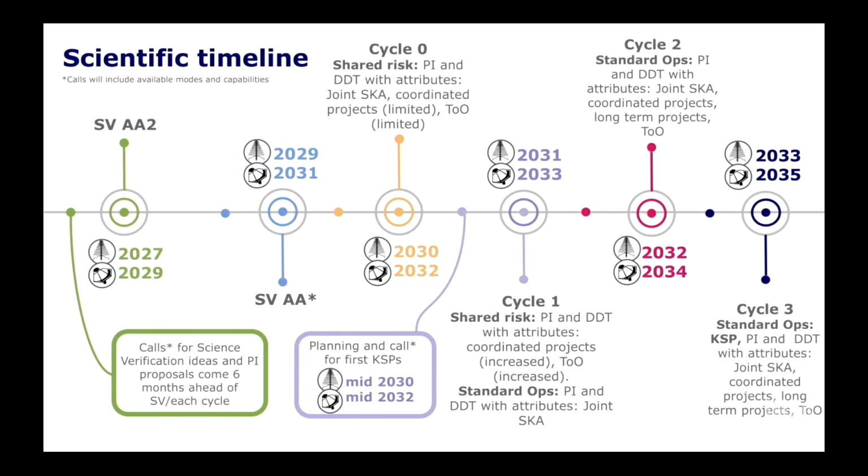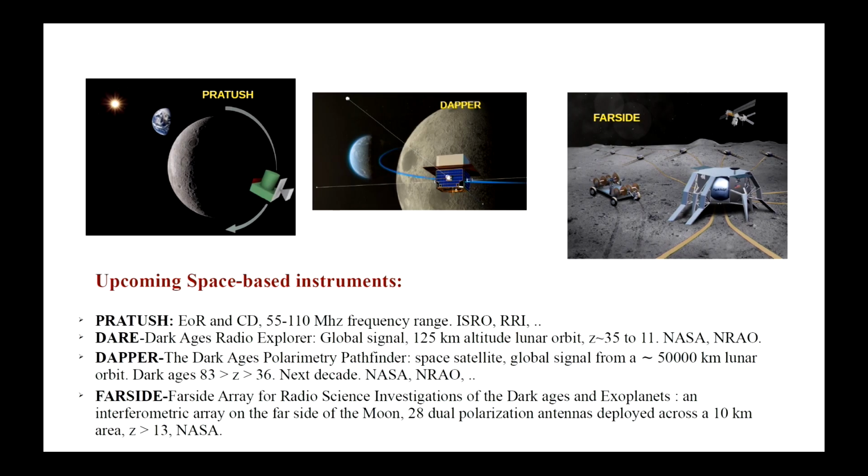In a timeline frame, there are already 4 antennas on the ground, and in a few years there will be this AA2 configuration with 64 antennas, and we will have some data to start exploring. And over a few years, of course, we will be able to do much more.